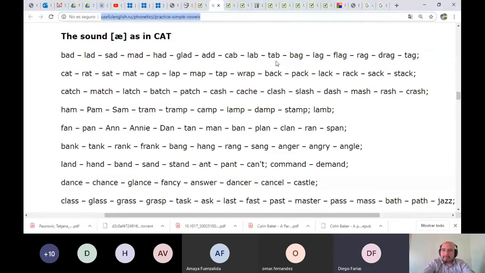Tab. Bag. Lag. Flag. Rag. Drag. And tag. Exactly.